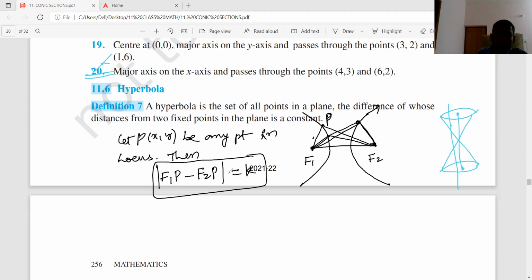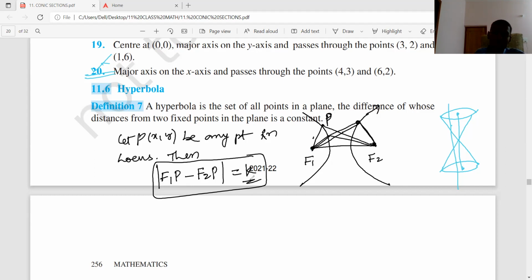So this is the definition of hyperbola. In the ellipse it was the sum of distances; here it is the difference of two distances, and the difference of its distances from two fixed points is always a constant.